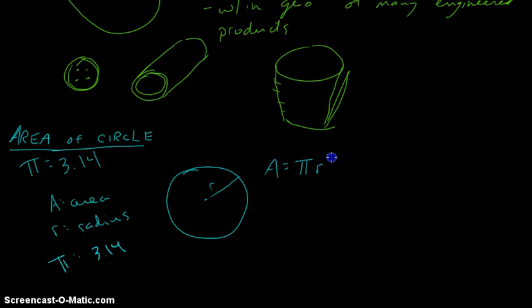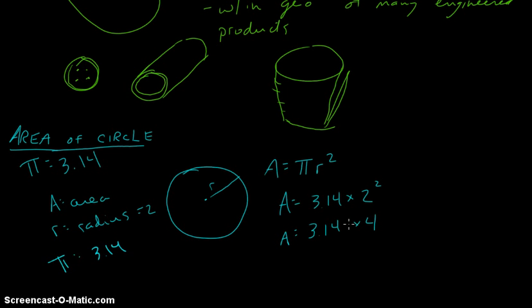The formula for the area of a circle is pi r squared. So let's say that my radius for this circle equals 2. Doesn't really matter to what. And so my area equals 3.14 times 2 squared. So 3.14 times, in this instance, 4.